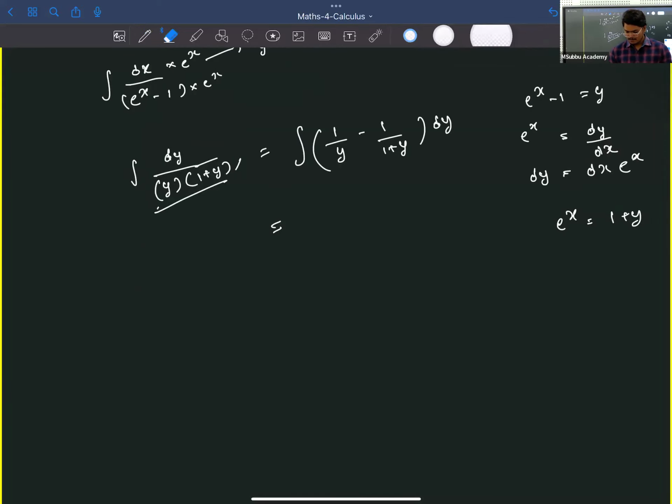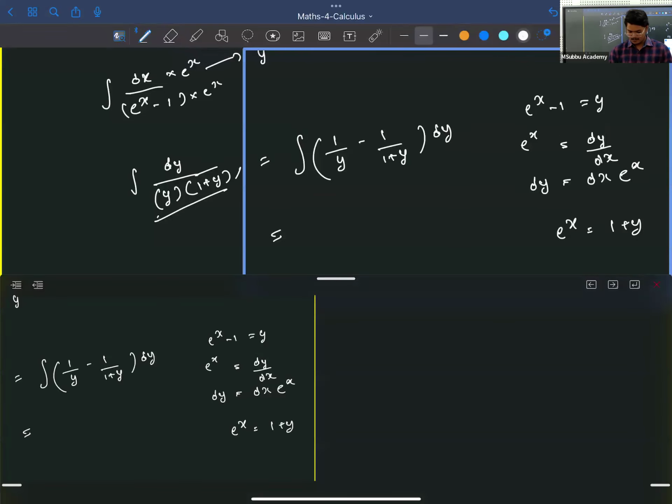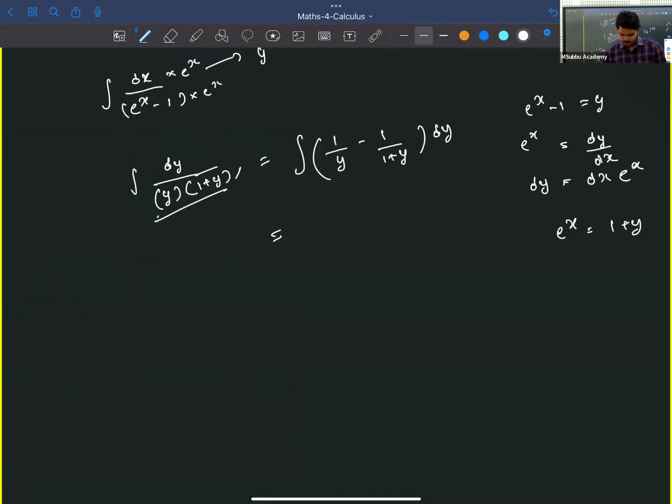So after this, you have to integrate separately. Integrate this term separately. So integration of 1 by y will become ln y. Again, integration of 1 by 1 plus y will become ln of 1 plus y.